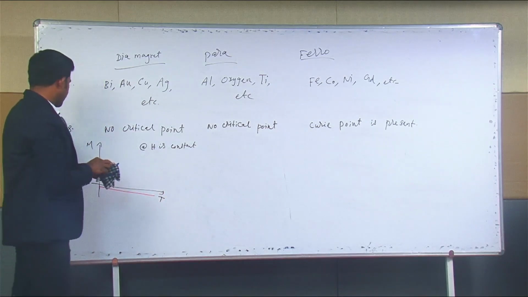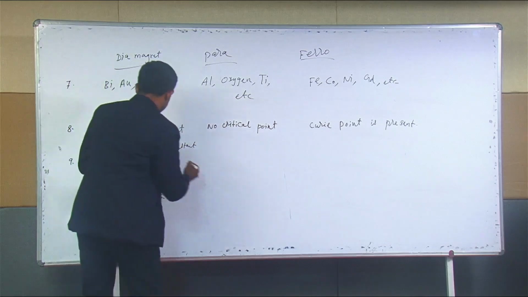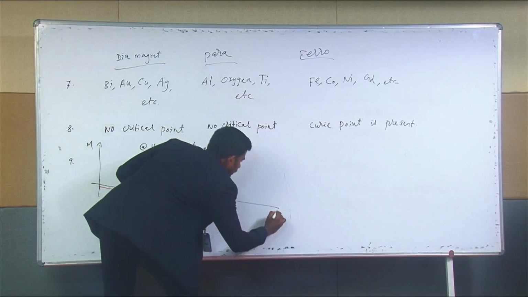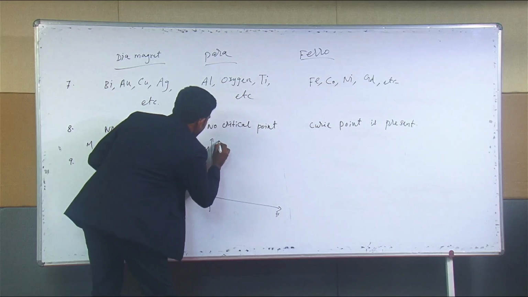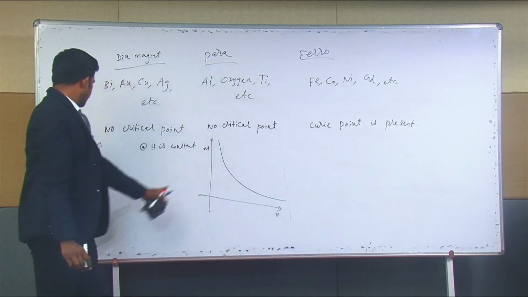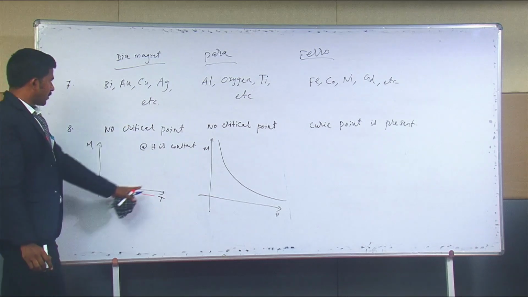Whereas in the case of paramagnetic, m over h shows an exponential decay like this. There is no Curie point here also.